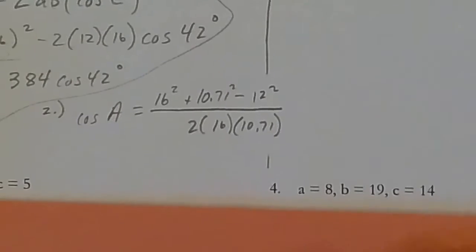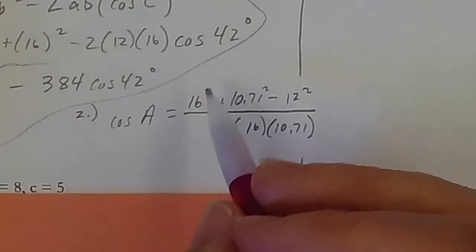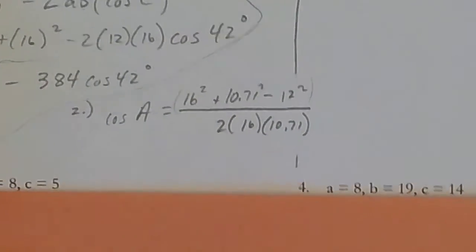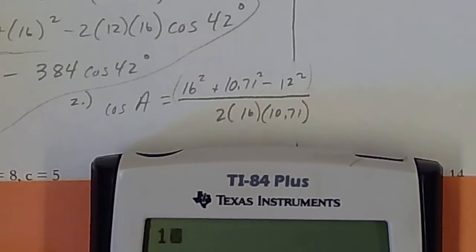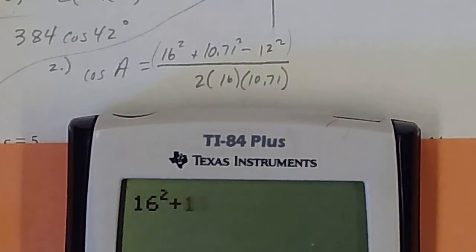Okay, so I just plugged everything in, all the sides, because basically they're using all 3 sides, right? On the right side. Okay, now we just got to be careful. I'd probably just close the numerator, close the denominator, rewrite it, and then get our inverse, just so you don't do too much at once. But I suggest doing this. 16 squared plus 10.71 squared minus the 12 squared, or 144.